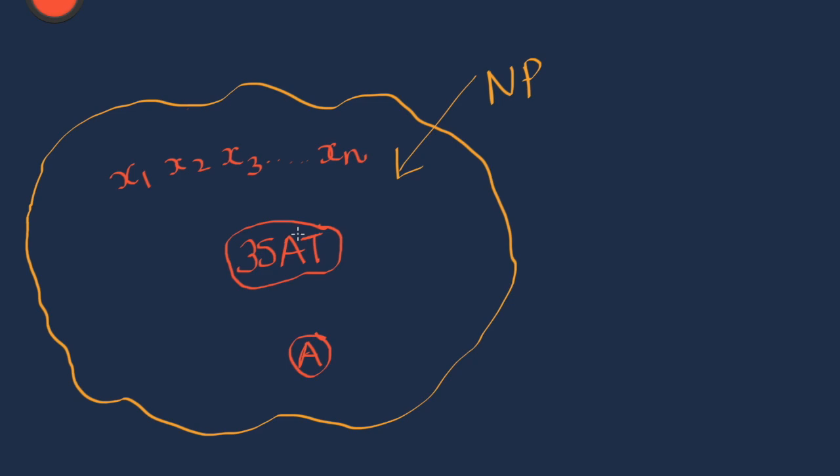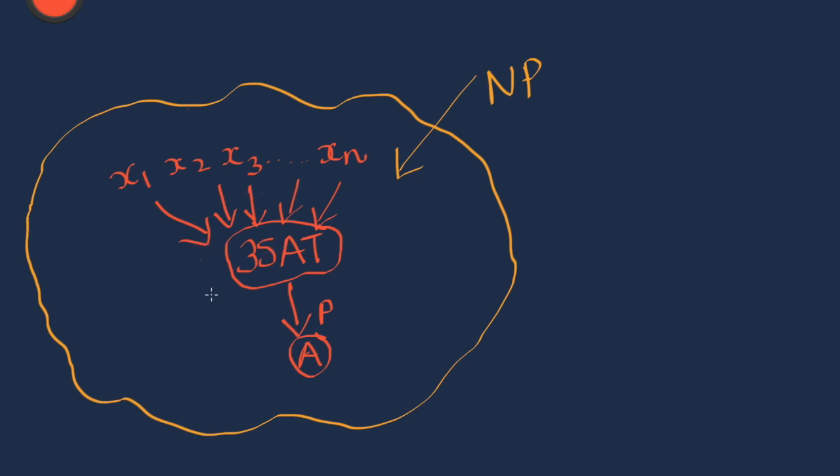This makes it much simpler, because since we already know that 3 SAT is NP complete, that means every problem in NP can be reduced in polynomial time to 3 SAT. And if we can show that 3 SAT can be reduced in polynomial time to our problem A, that's the only chunk of work we need to do.